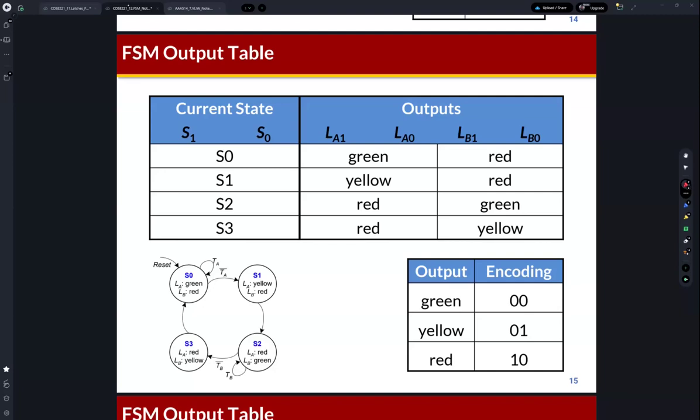So this is the current state, S0, S1, S2, S3, and then these are defined output values like green, red, yellow, red, red, green, red, yellow.